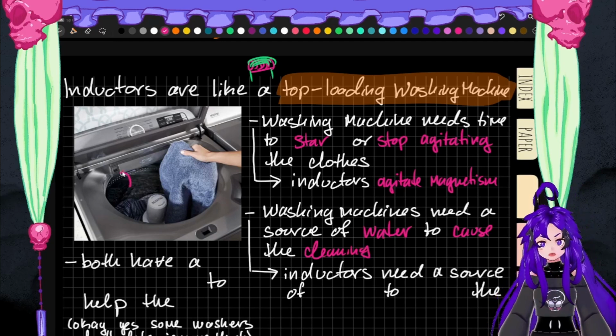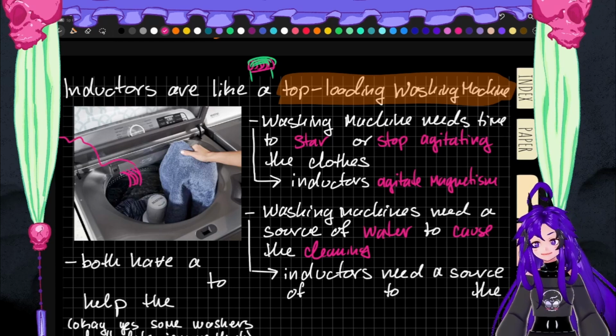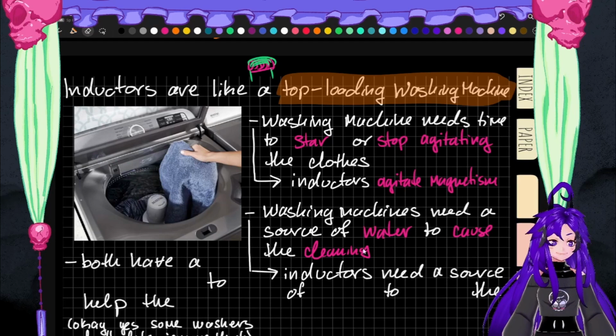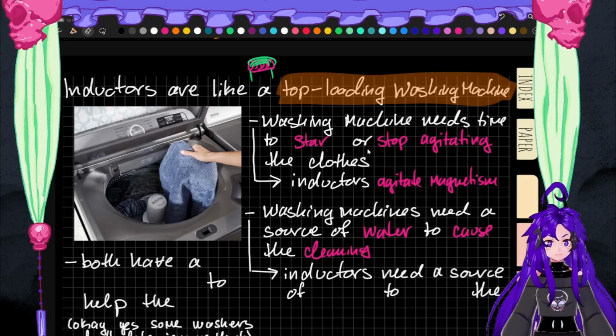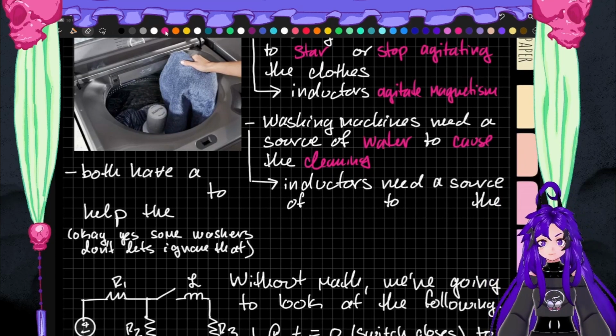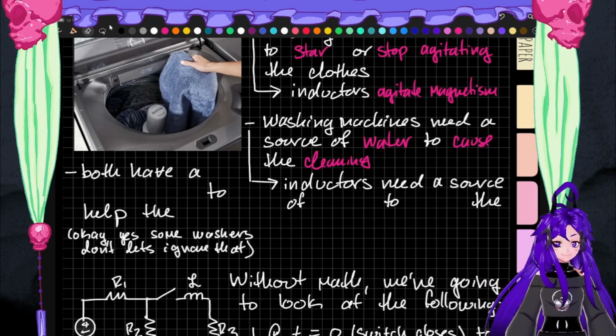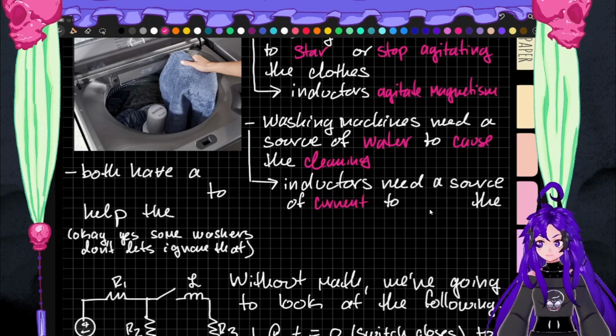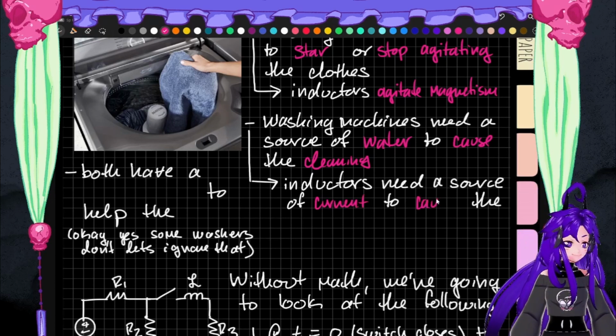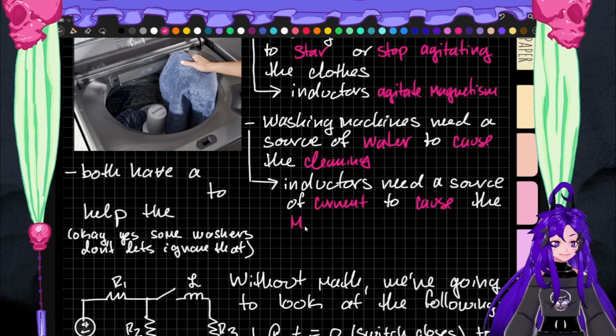So it pours water in, and that water has to come from somewhere, and that water comes from your pipes. It has a source. It has to have something fluid through it. Well, inductors need a source of current to cause the magnetic field.